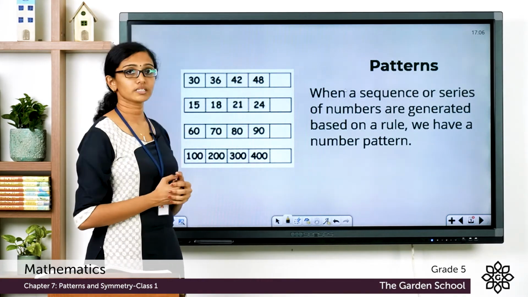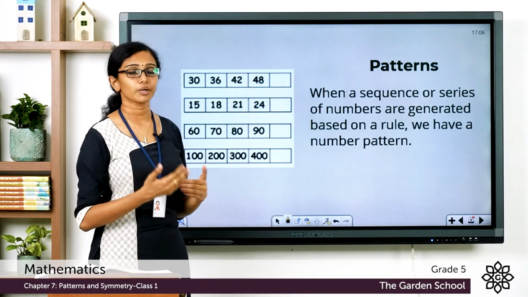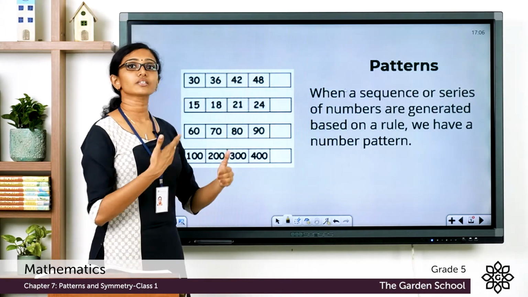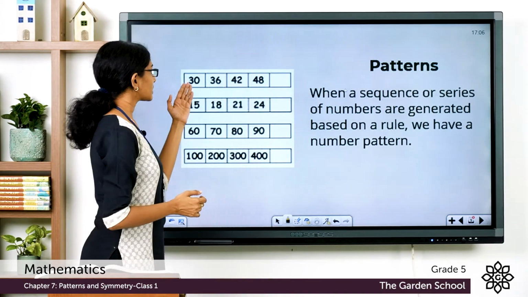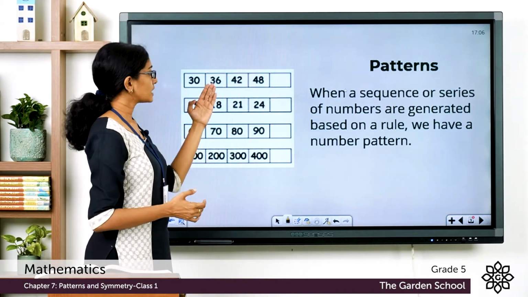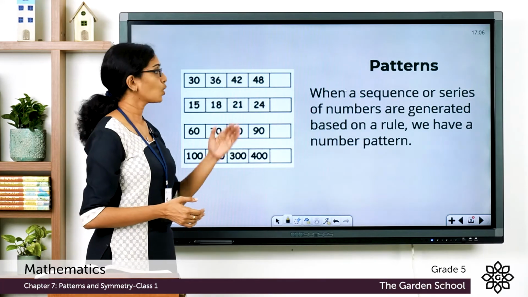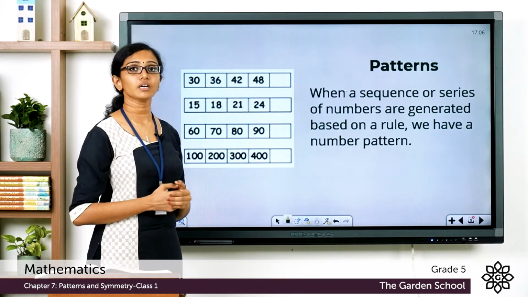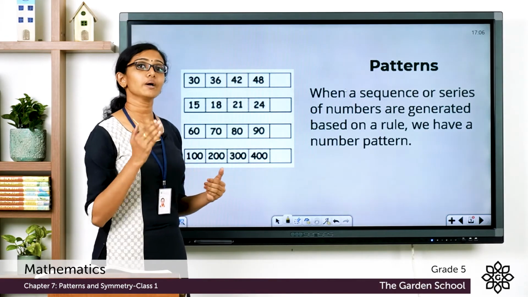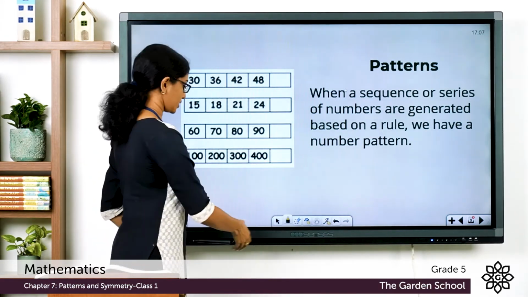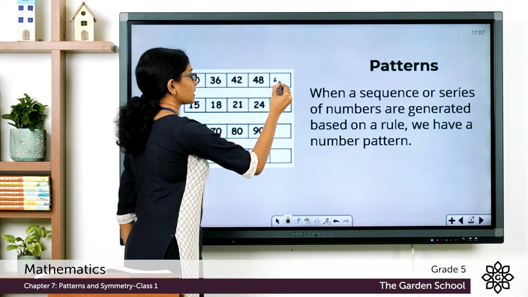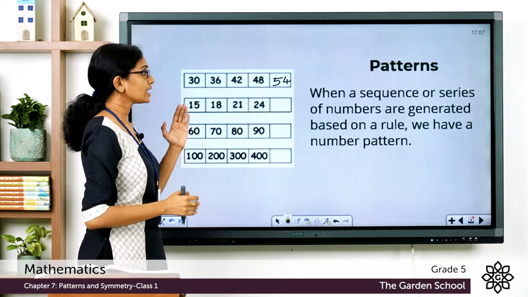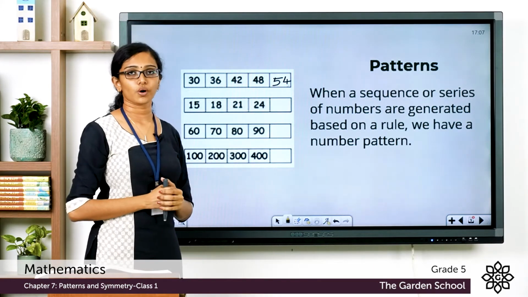In the case of the first series, 6 is added to each number to get the next number. 30 plus 6, 36. 36 plus 6, 42. 42 plus 6, 48. And what could be the next number? It should be 48 plus 6, which is 54. And the next number would be 54 plus 6, and the series goes on.